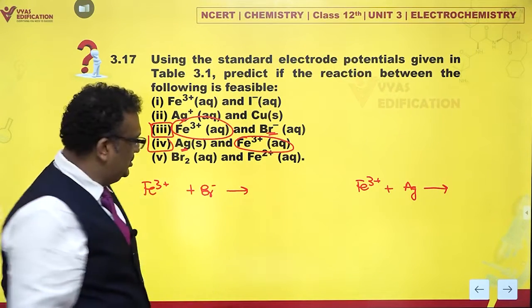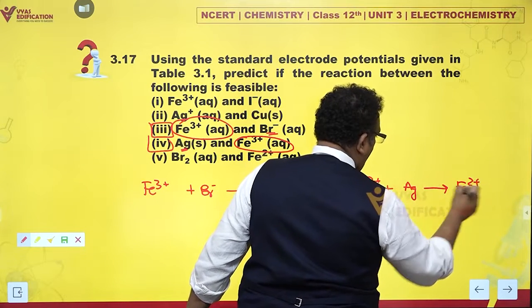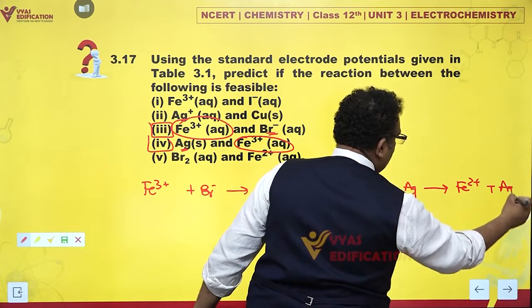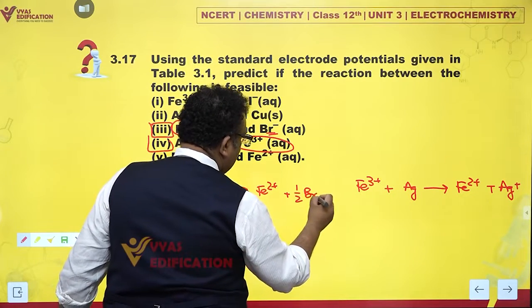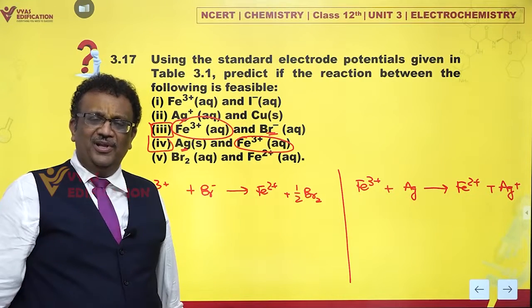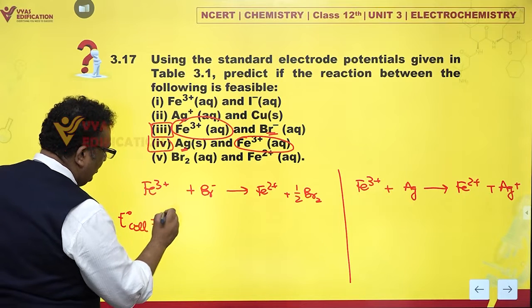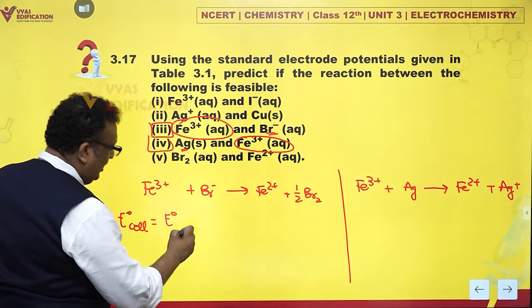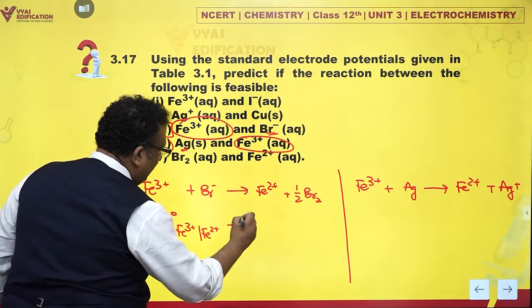Ferric may get reduced to what? Of course to ferrous. And what about silver? Silver gets oxidized to Ag plus, or Br minus gets oxidized, of course, to bromine. It's a very, very similar story. E0 cell is E0 cathode. Now cathode is where reduction occurs, which is ferric ions to ferrous, minus E0 anode.